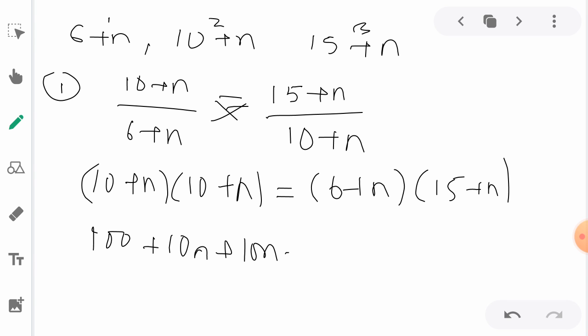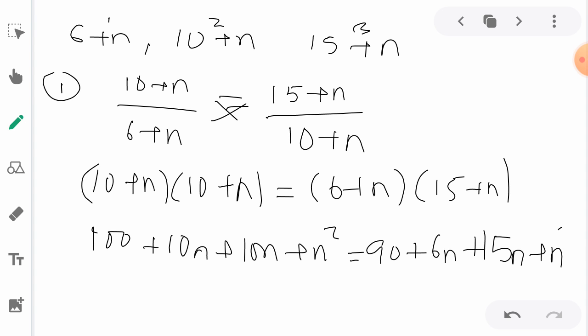Then n times n gives n squared, which is equal to 6 times 15, which is 90. Then 6 times n gives 6n. n times 15 gives 15n. Then n times n gives n squared. So now you can collect the like terms.